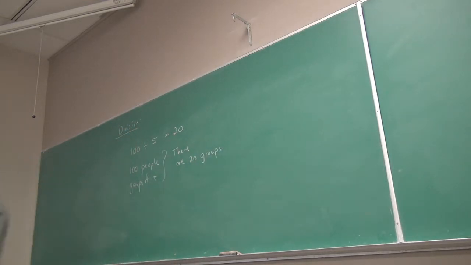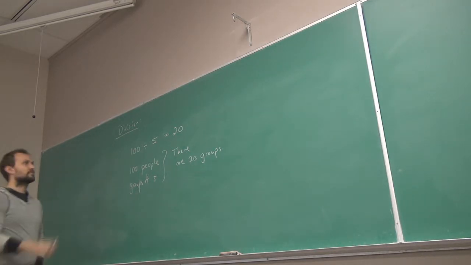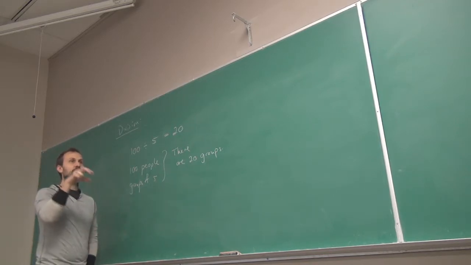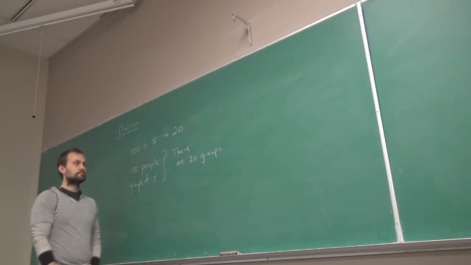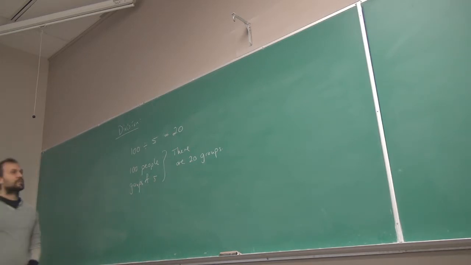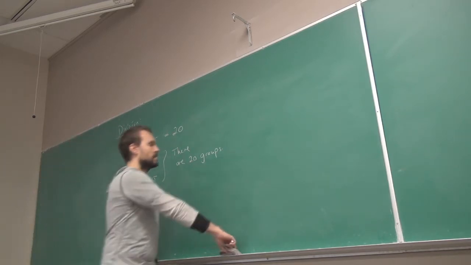I think everyone feels that is fairly intuitive, and that's how you start talking about division as well. I'm dividing the larger group into smaller groups. How many groups are there? That's division. So when I now talk about fractions, it's not any different.